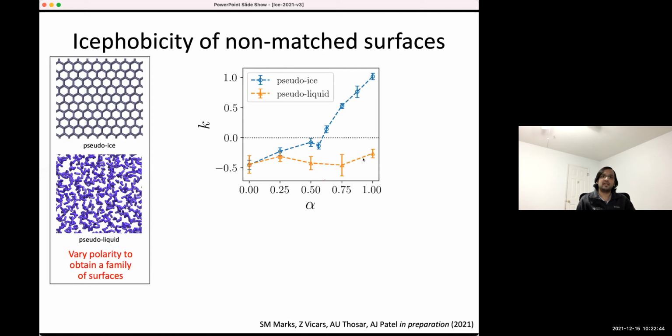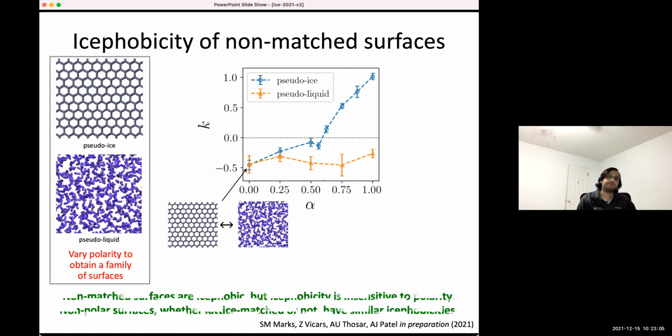So the most polar pseudo water surface is just as ice-phobic as the non-polar lattice match surface. And so there's this very interesting discrepancy or difference between the way lattice match surfaces behave and non-lattice match surfaces behave, right? So yeah, non-match surfaces are ice-phobic, but their ice phobicity is insensitive to polarity.